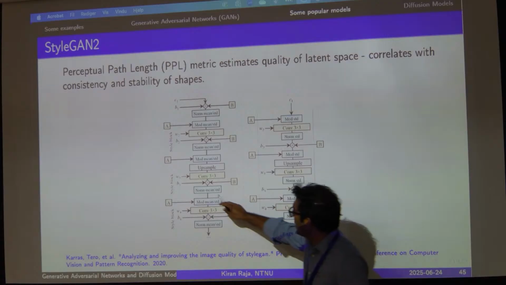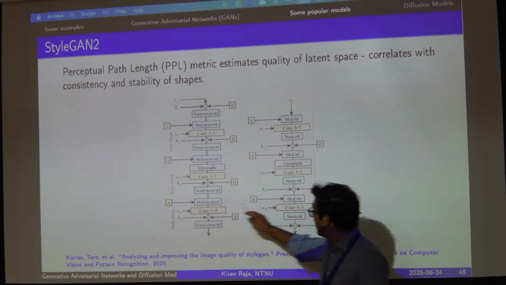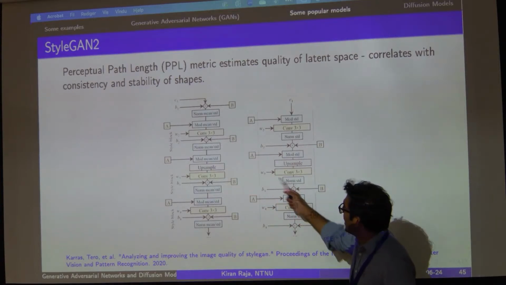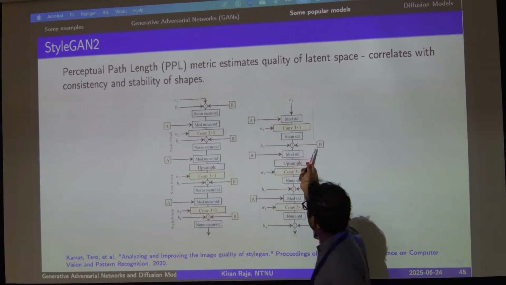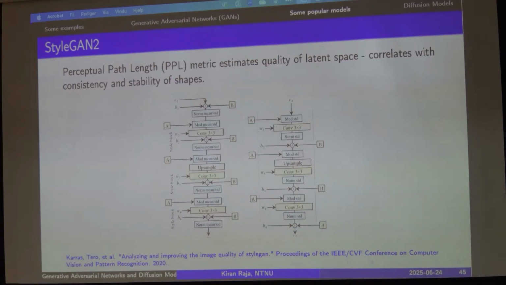The B, which was going here, is now course with mathematical foundation behind that, and that led to much better results. So the current day popular models are StyleGAN 2 models, which are generating very realistic images.